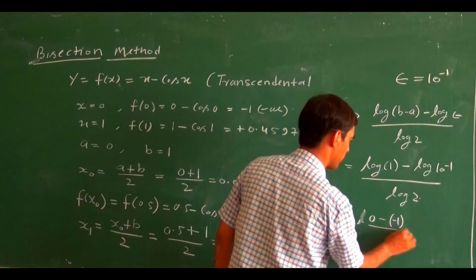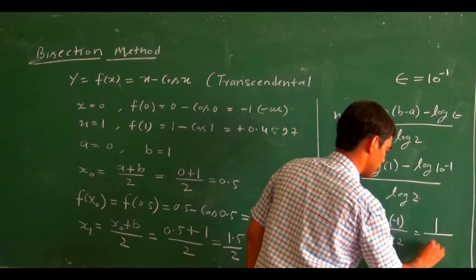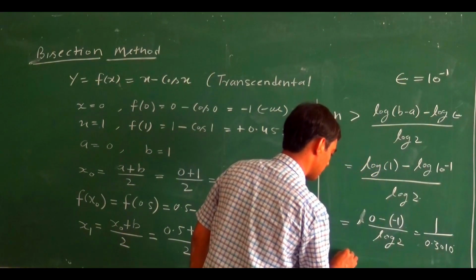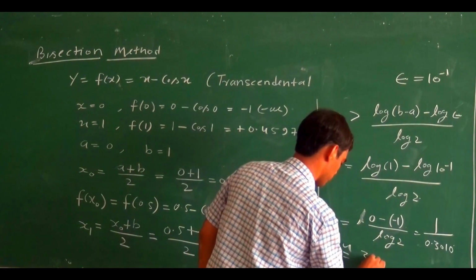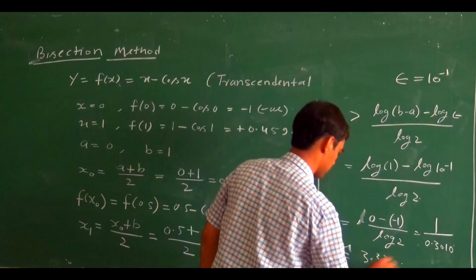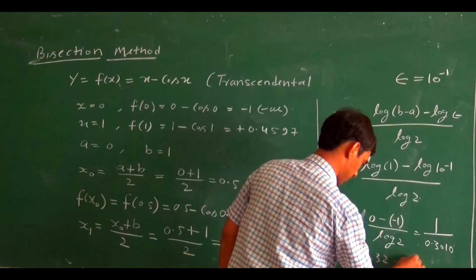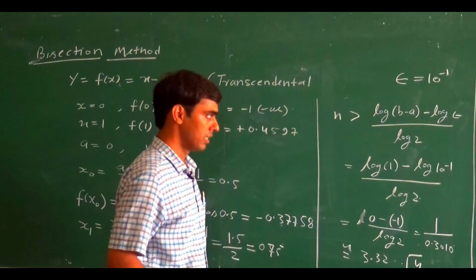So this one divided by log 2, which is 1 divided by 0.3010, almost 3.32. So the equivalent integer value is 4.